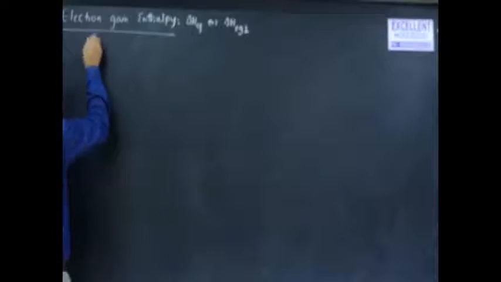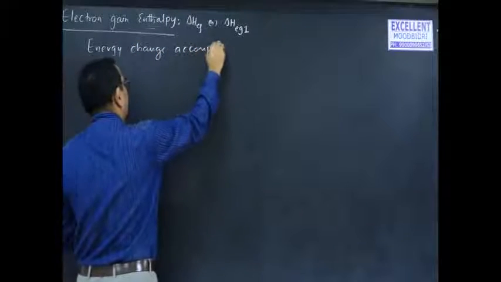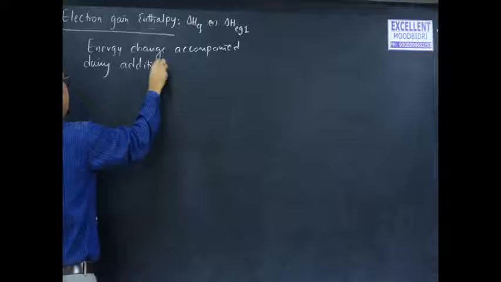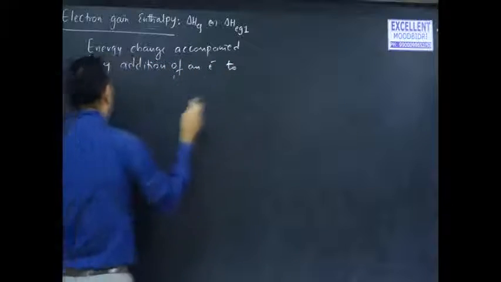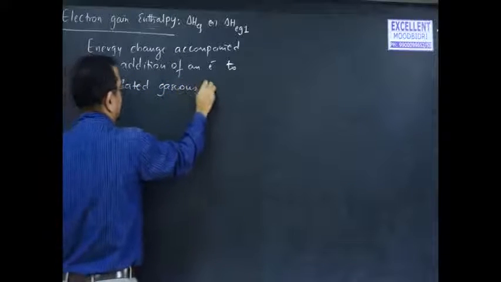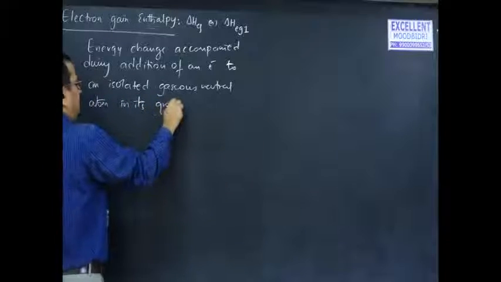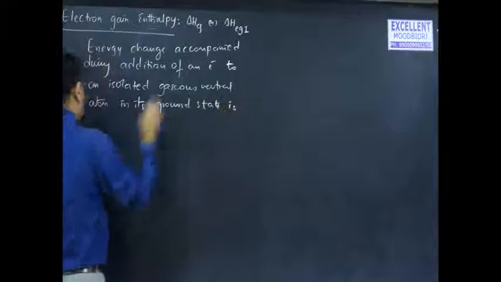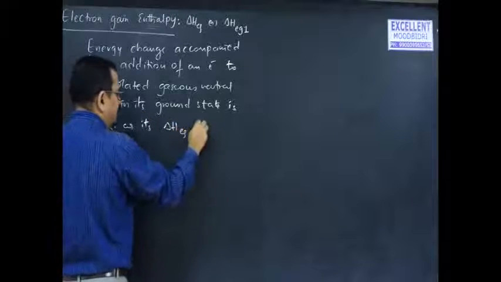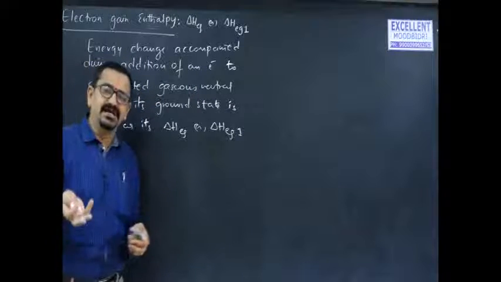Energy change accompanied during addition of an electron to an isolated gaseous neutral atom in its ground state is called its electron gain enthalpy or first electron gain enthalpy. Energy change accompanied means it may be released energy or absorbed energy.